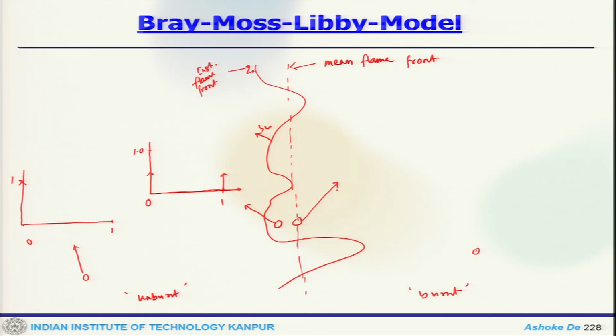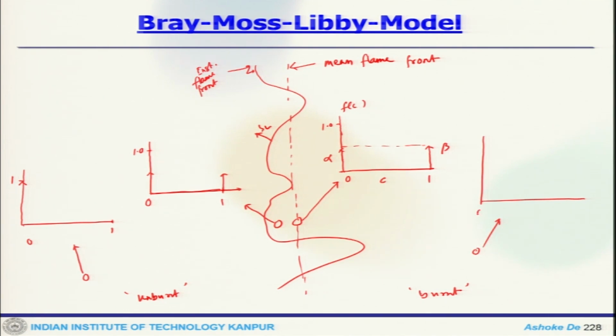Here along the mean flame front position, you can define that this is beta 1 C 0 alpha and somewhere 1, that is our FC, and at this, this is 0, C goes to 1, so it goes like that, it goes like that, that is 1.